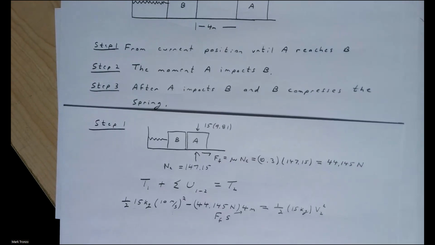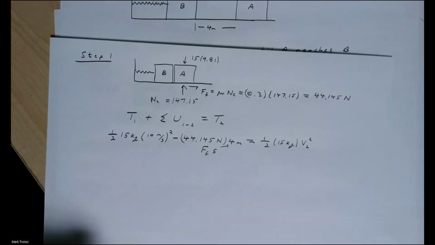And so if we put 75 minus 44.145 times 4, times 2, divided by the mass, the velocity squared comes out to be 76.45.